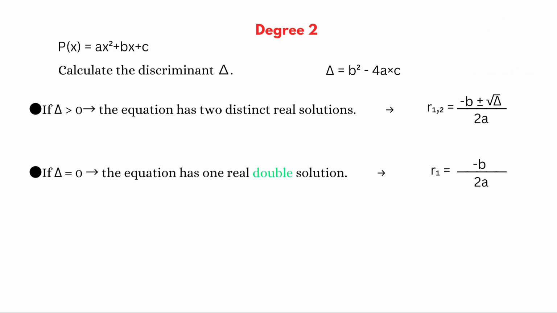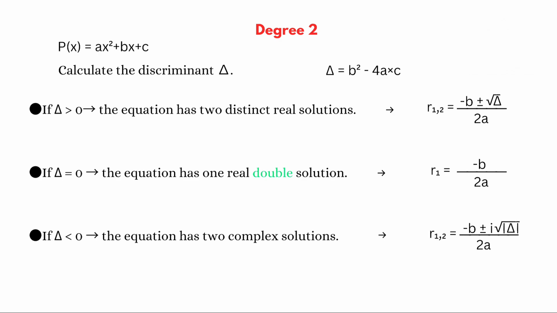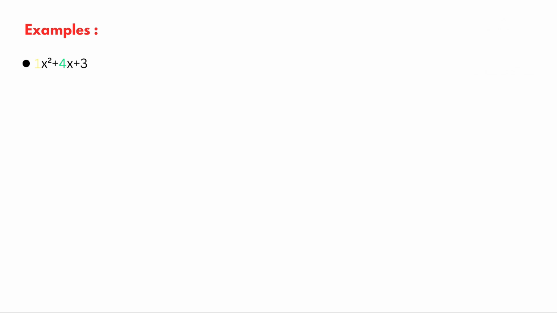If delta is less than 0, there are two complex roots that are equal to minus b plus or minus i times the square root of the absolute value of delta all over 2a. Let's look at some examples. P of x equals x squared plus 4x plus 3.